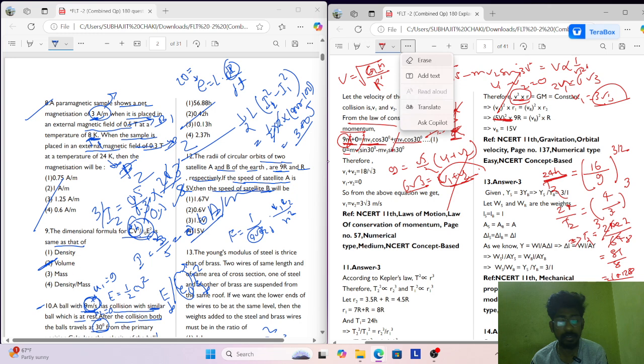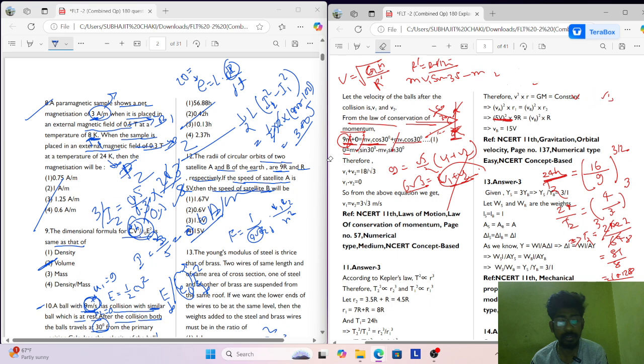Let me erase, just give me a second. So v is proportional to 1 by root over r. So v1 by v2 will be equal to root over r2 by r1.